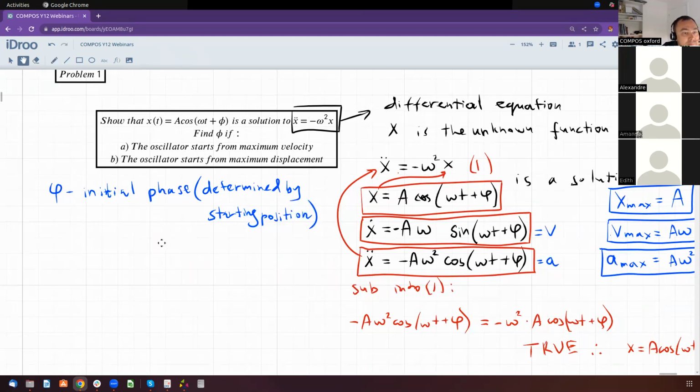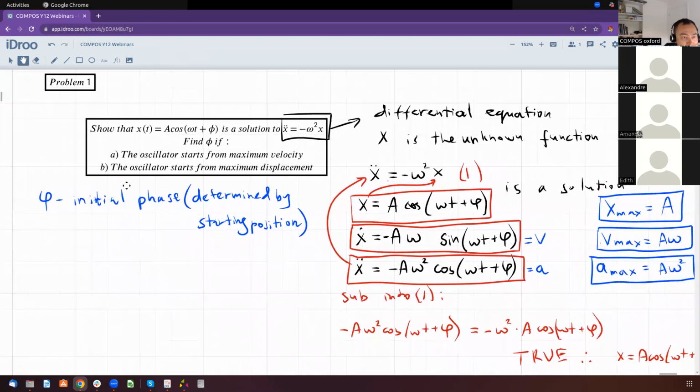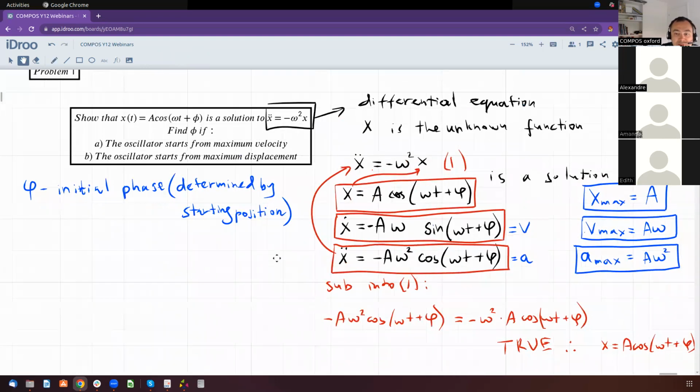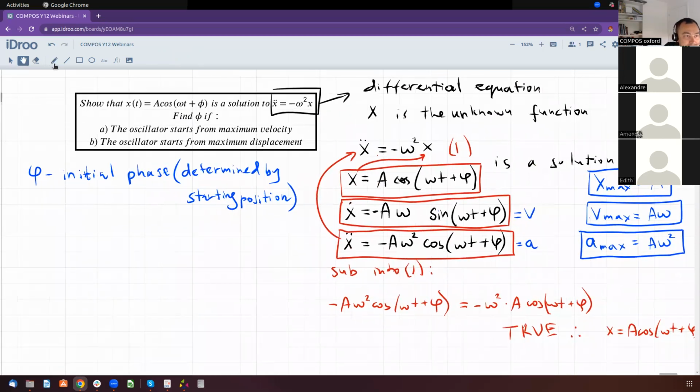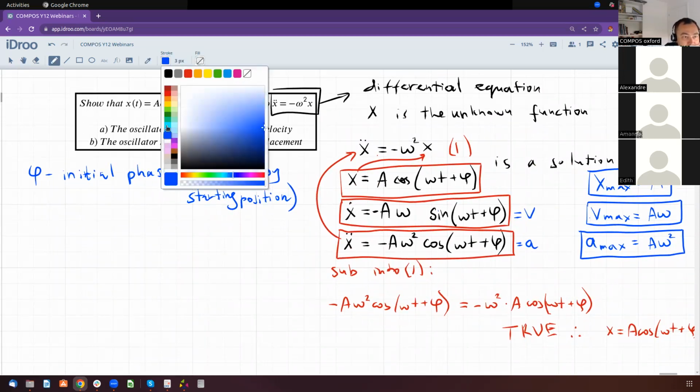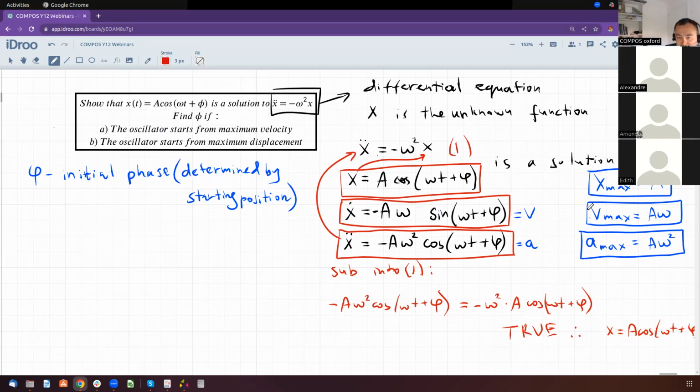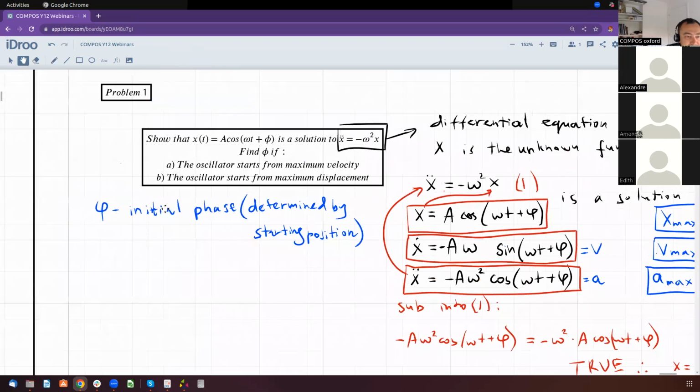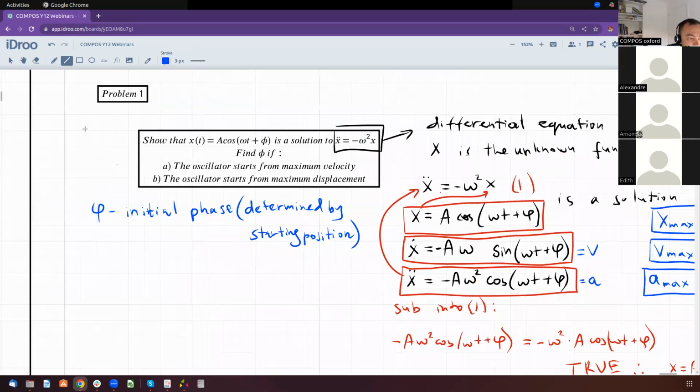Okay. So the oscillator starts from maximum velocity. There are different ways you can do that. I'm going to do the simple way. I won't use this because I don't really want to confuse you. What you need to understand is that when velocity is maximum, if you have a pendulum, what is the displacement when velocity is maximum?